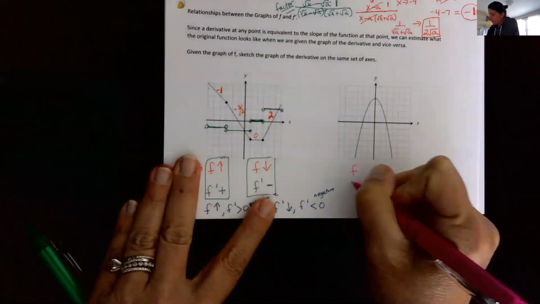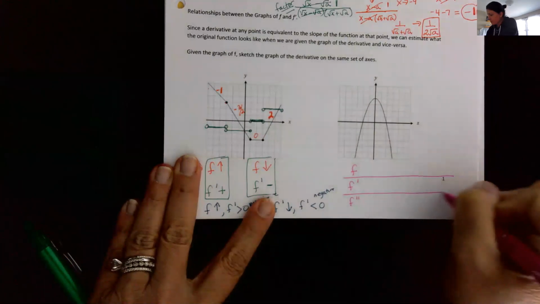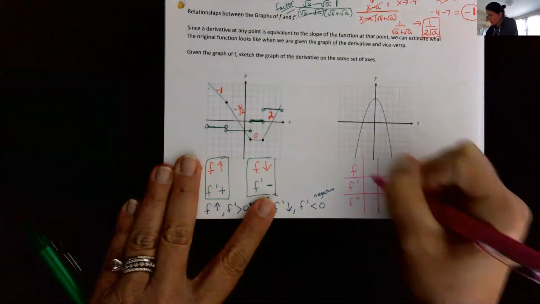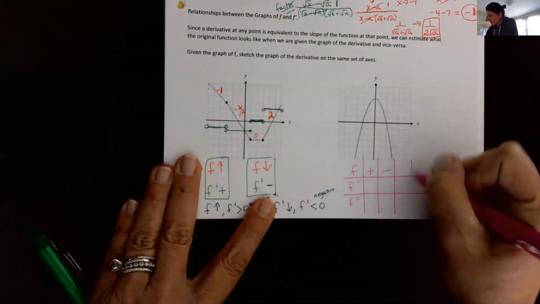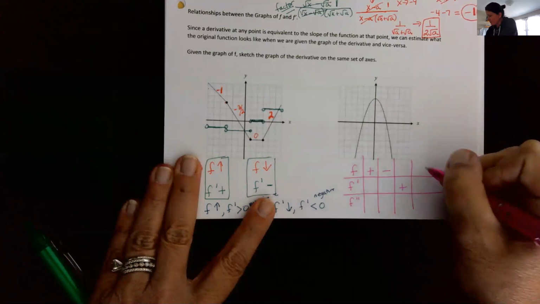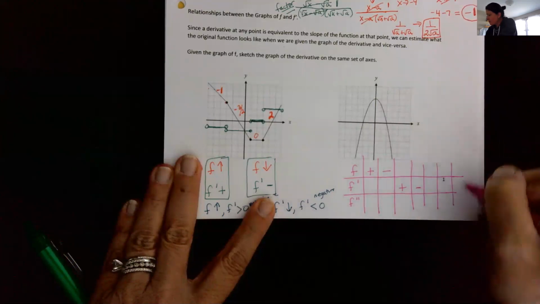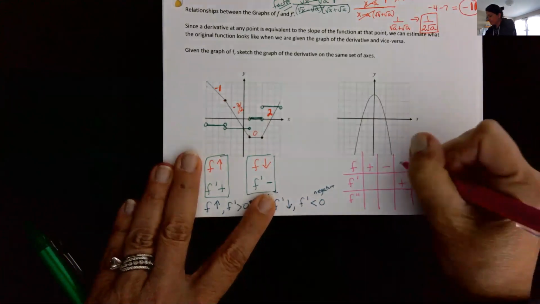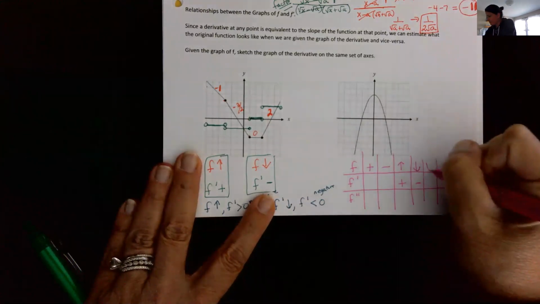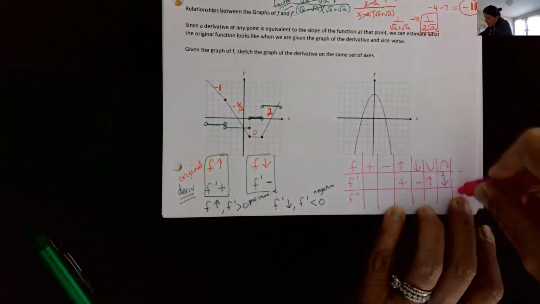Relationships. I'm actually going to leave all of f double prime, second derivative, blank for right now. And I want to just talk about my first two rows.